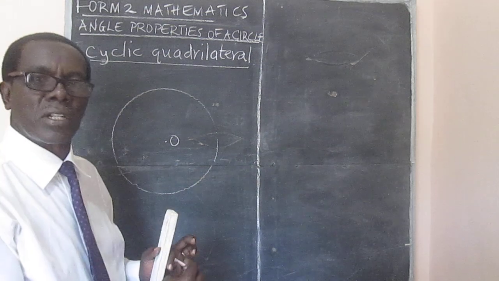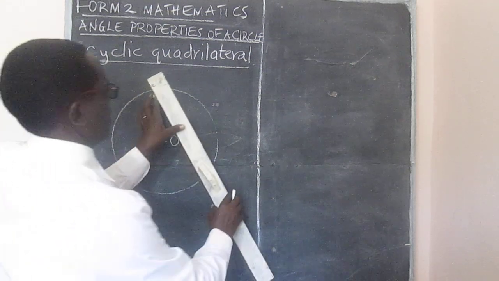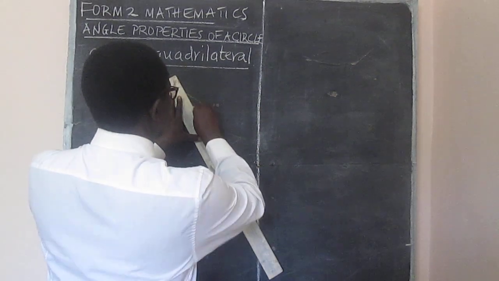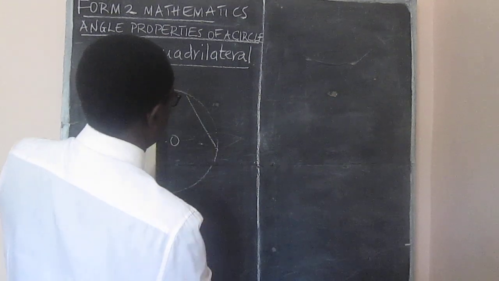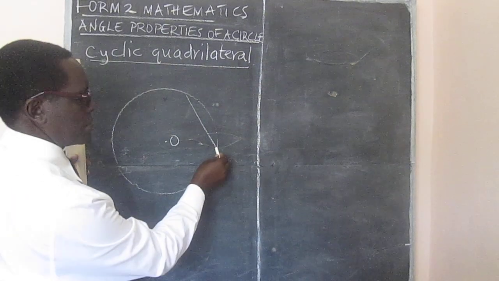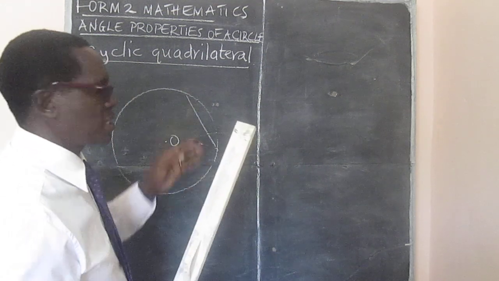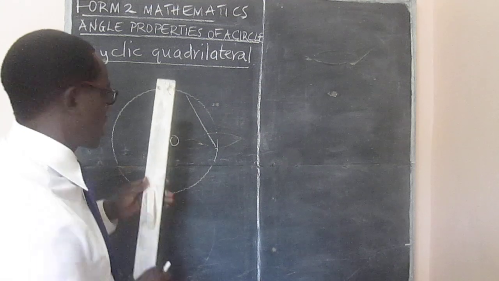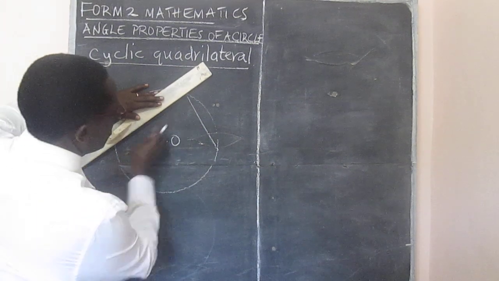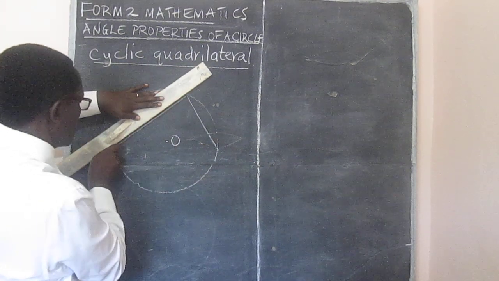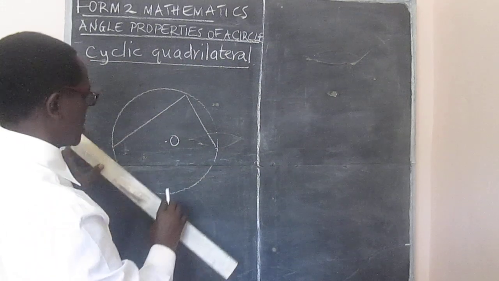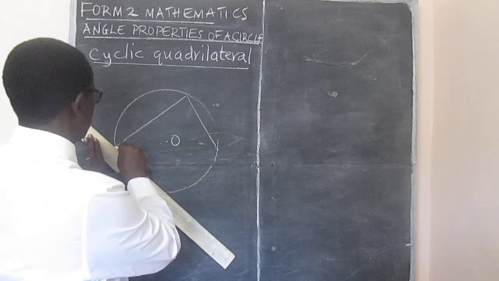So in a cyclic quadrilateral, the vertices, that's where the edges of the quadrilateral meet, must be on the circumference of the circle. So a good example of a cyclic quadrilateral is the one I'm drawing.